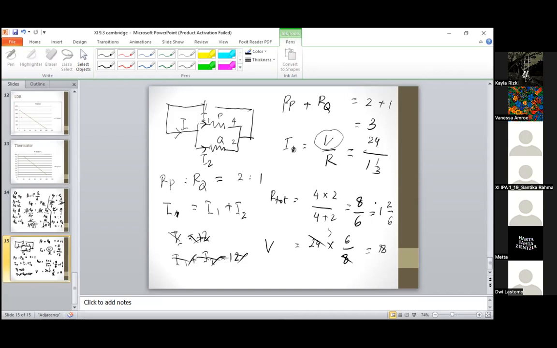The value here is only an assumption. So we get V is 18.